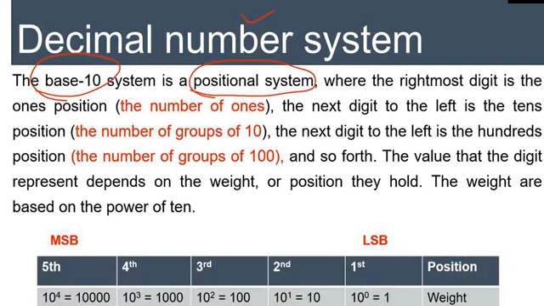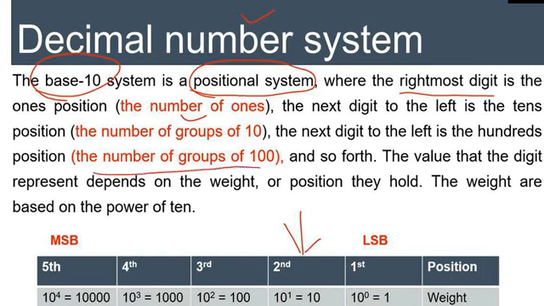See, these are the positions and weights for each and every digit representation. The rightmost digit is the ones position, the number of ones. The next digit to the left is the tens position, the number of groups of 10. The next digit to the left is the hundreds position, the number of groups of 100, and so forth.